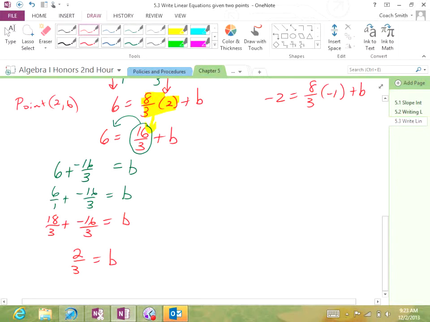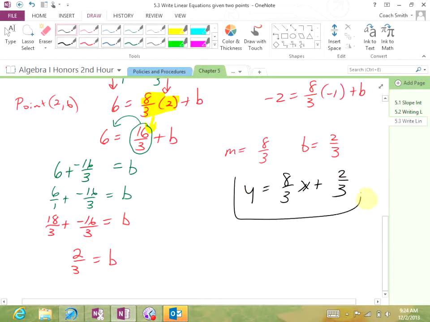So now I have the information. Okay, I have the slope. So I have m is equal to 8/3. I have b is equal to 2/3. So my slope-intercept form then is y equal 8/3x plus 2/3. And that's your answer.